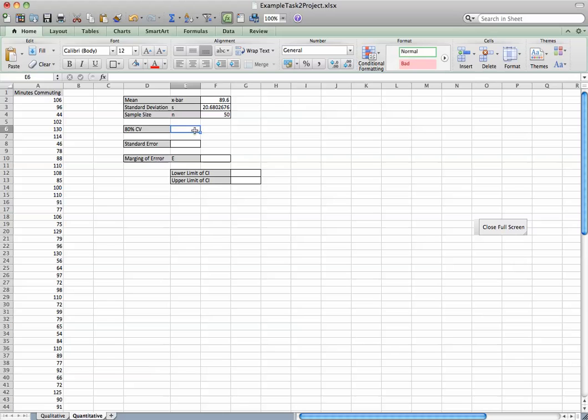When it is not, we use the student's t distribution as the distribution for the x bars.